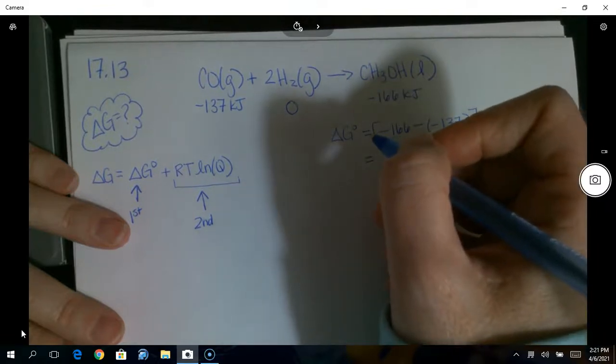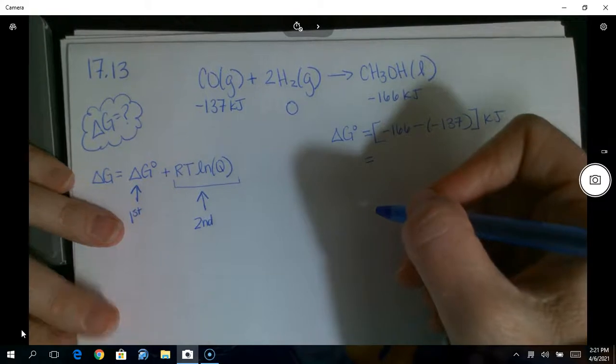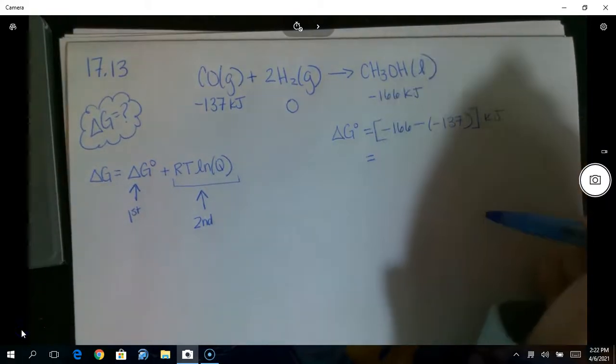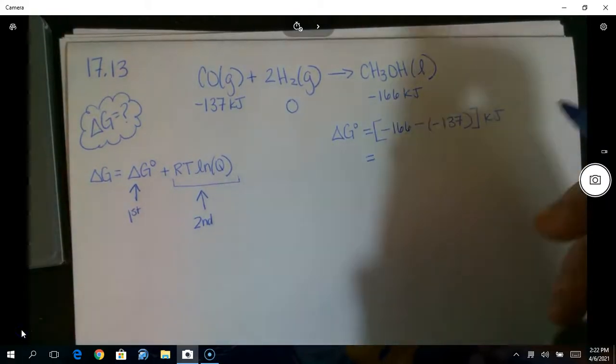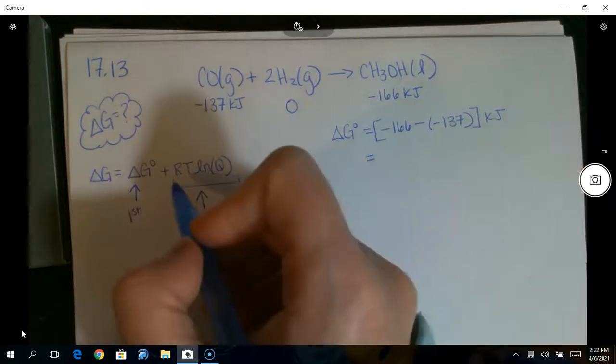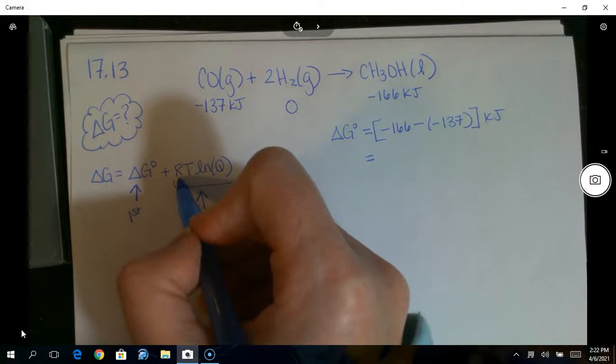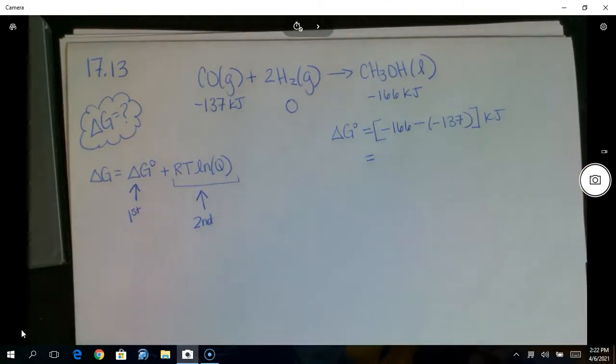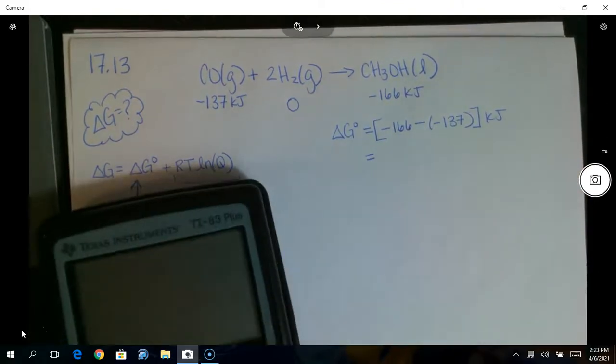And then when we get our final answer here, we're actually going to get rid of kilojoules. The reason for it is our R is in joules, so we want to go ahead and standardize that. So this is going to be negative 166 minus negative 137.